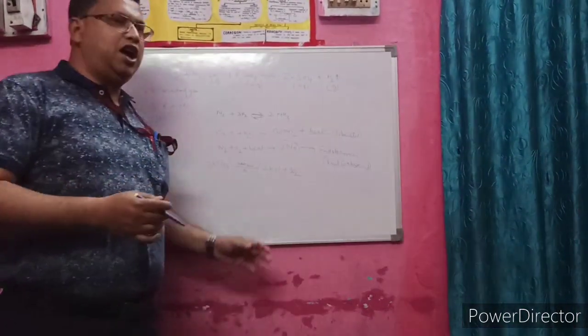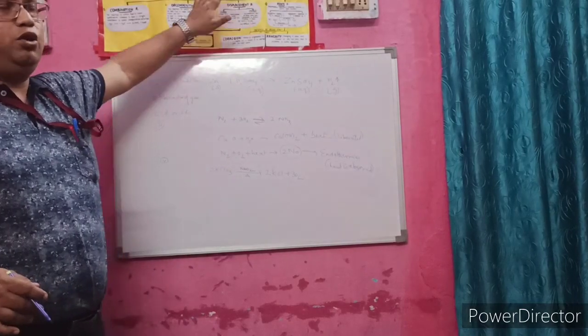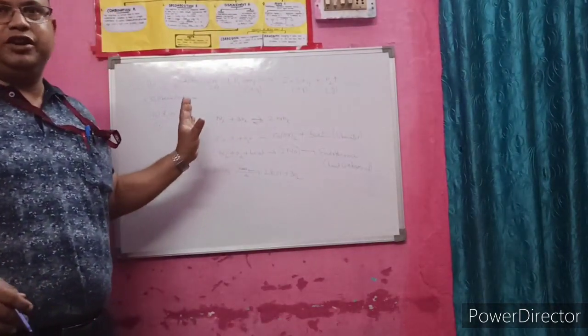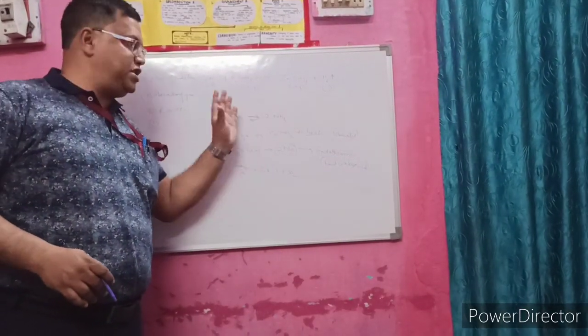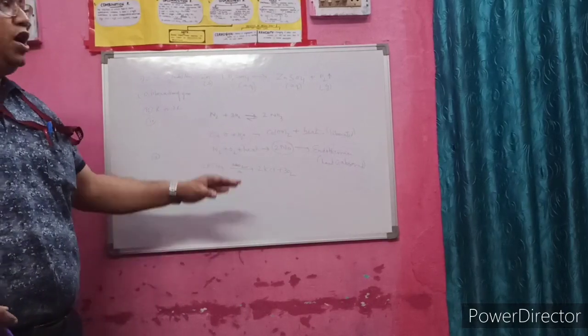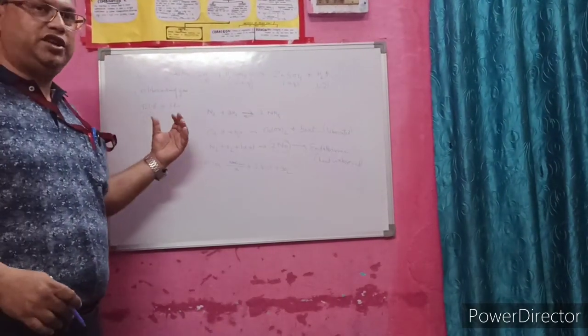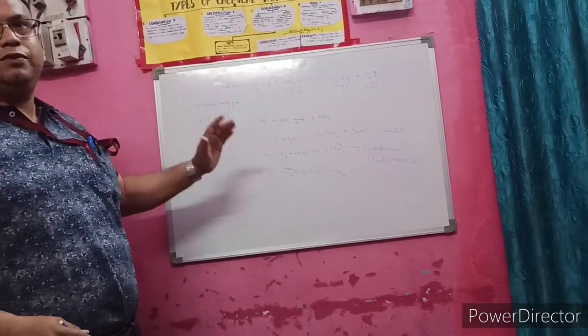In the next class I will teach you about the different types of chemical reactions. I hope this video helps you know what a chemical reaction is, what a chemical equation is, how to balance it, how a precipitate is formed, how a gas is liberated, and what their symbols are.